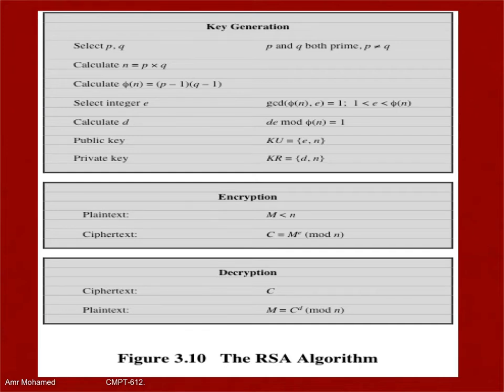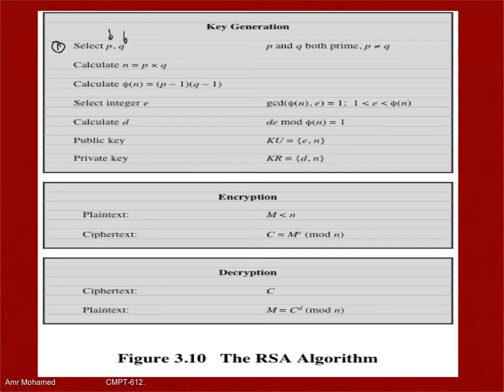So now, we talk about RSA. RSA is based on 6 different steps. Step 1: each node locally selects 2 prime numbers.